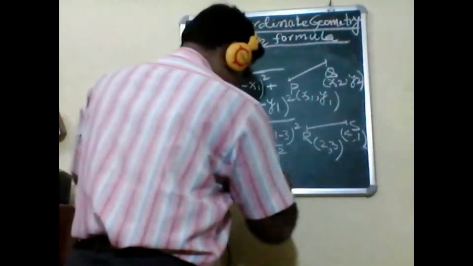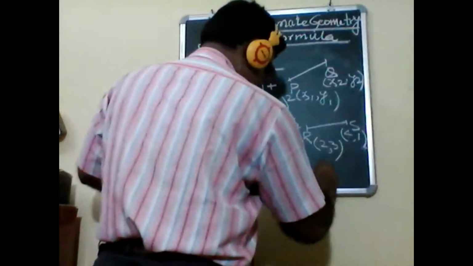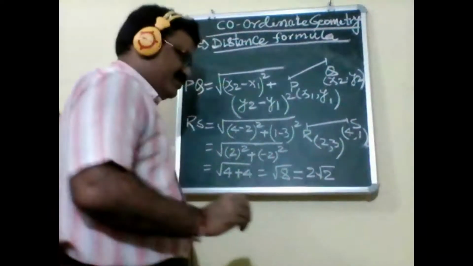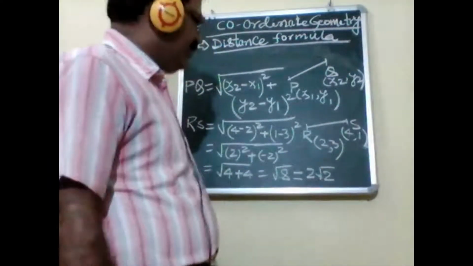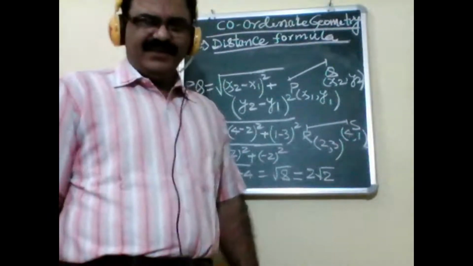So under root 8, and this can be written as 2 under root 2 units. That is how RS can be obtained by this formula.